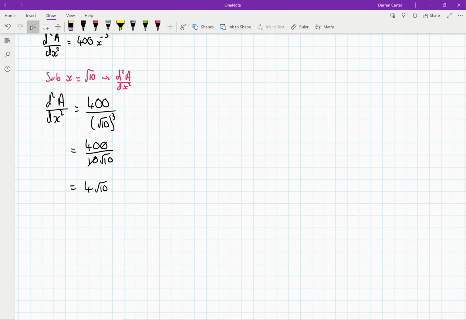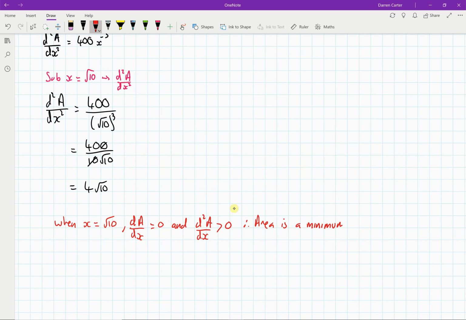Let's conclude those two things together. When x equals root 10, my derivative is equal to 0, and my second derivative is greater than 0. Therefore, area is a minimum. Okay, I've nearly done answering the question. The last part was just to show the base and width are equal at the minimum.